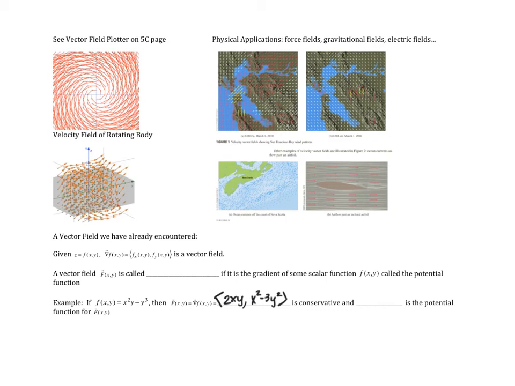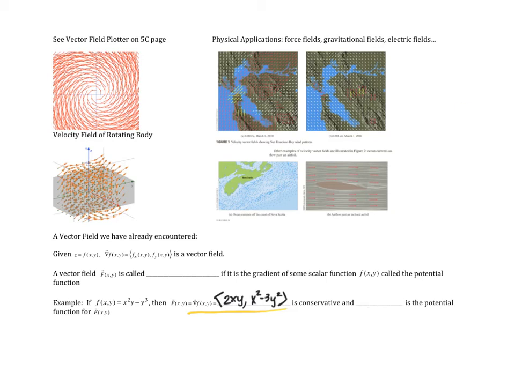This gradient function is a vector field because we're putting in something multidimensional and we're getting out something multidimensional. The gradient at any point in my domain was a vector, and that vector pointed me in the direction of maximum increase of my function. But that was a vector field.